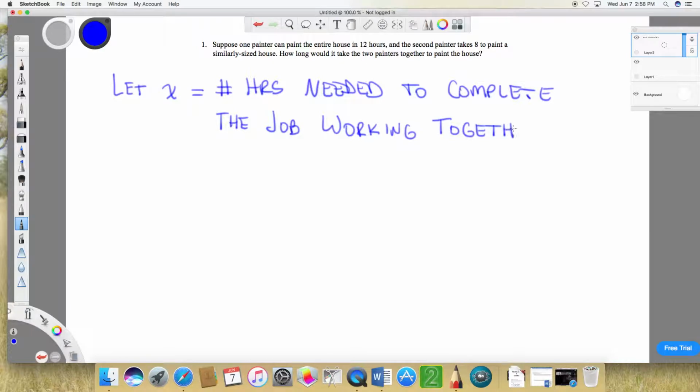And you know, on your paper, you can shorten this summary. I'm just defining that variable for you.